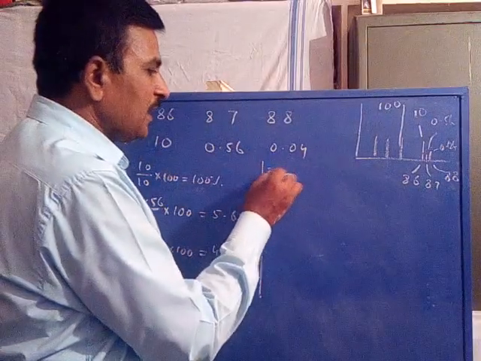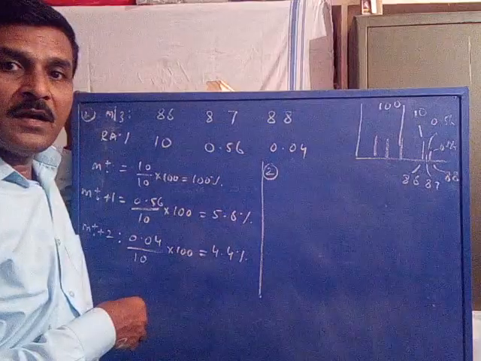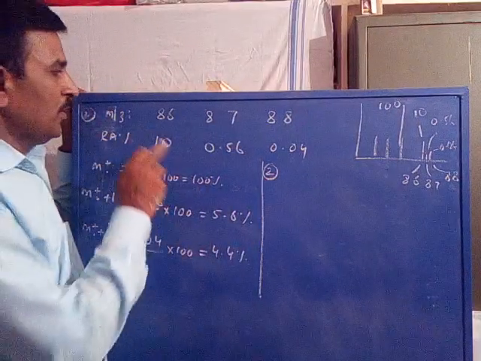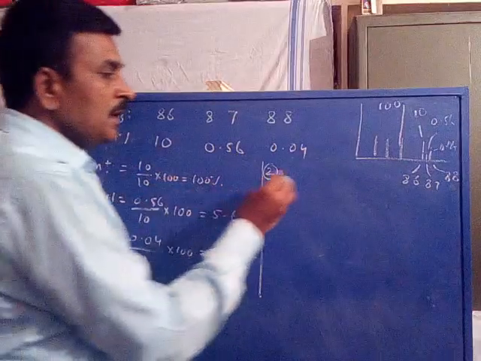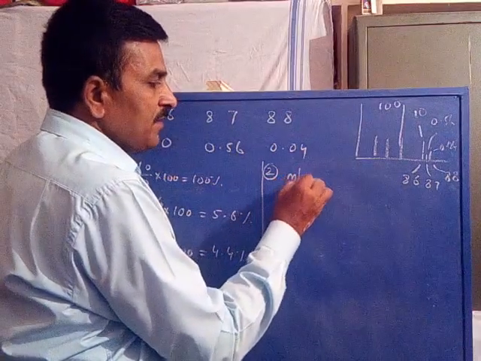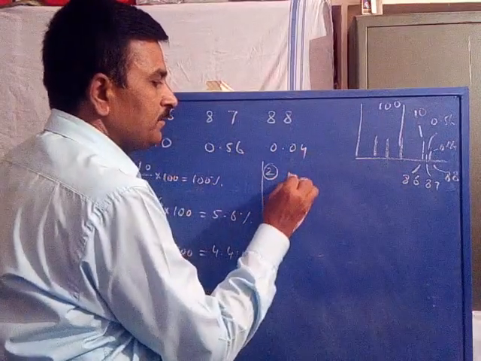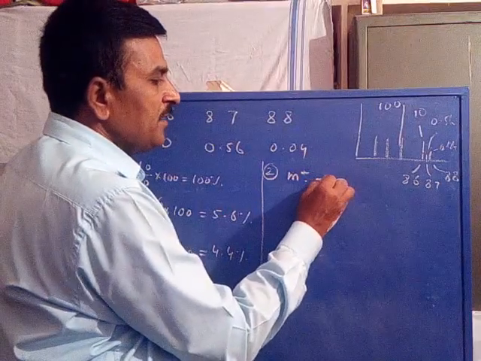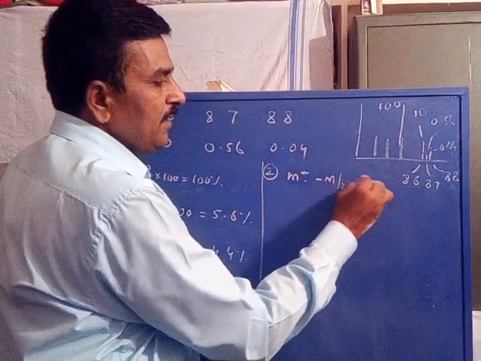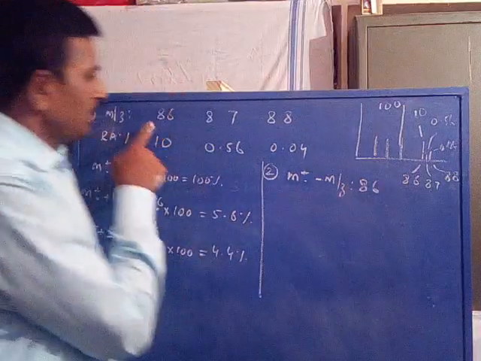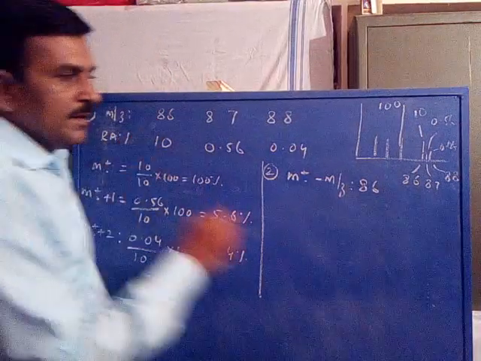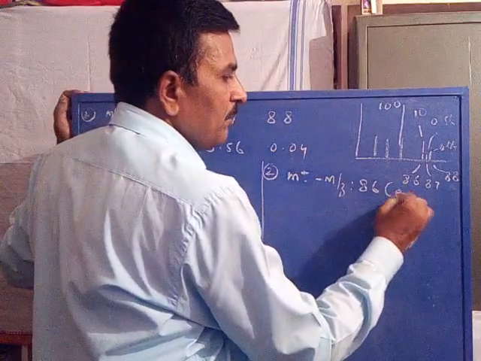Now coming to the second guideline. According to the second guideline, this is the application of the nitrogen rule. The M/Z value of the molecular ion is 86, which is an even number.